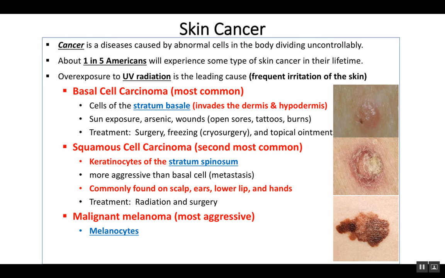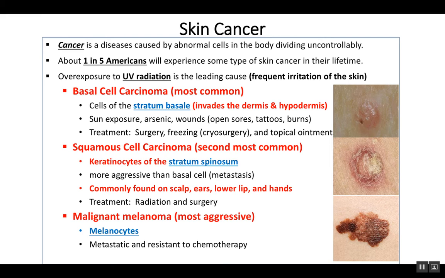It's a cancer of melanocytes, as the name suggests, with the melanoma. It metastasizes to distant organs like the brain and liver, and is very resistant to chemotherapies. So this cancer is very dangerous.